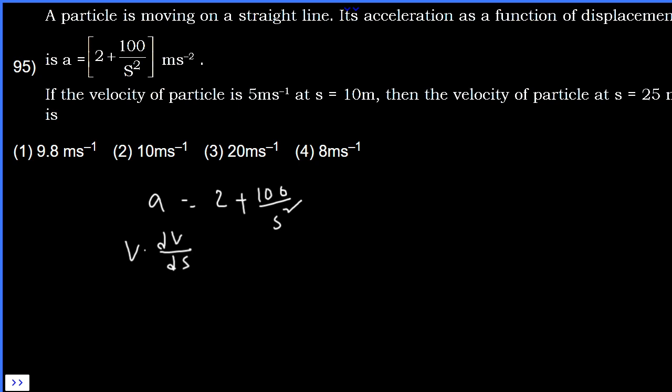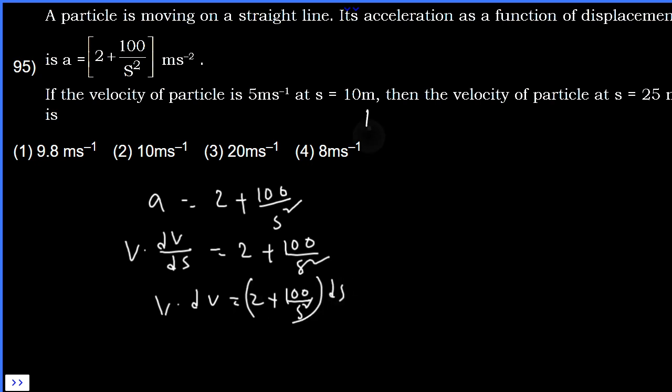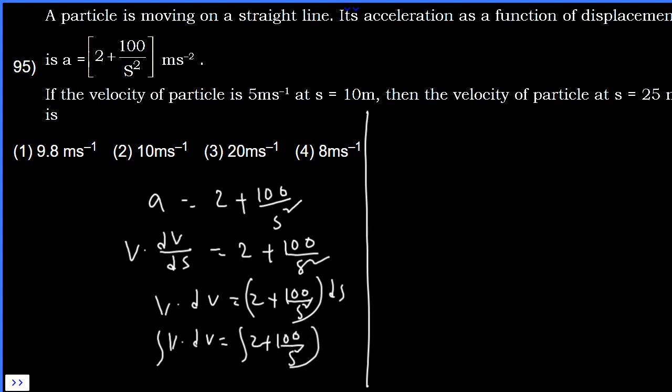On rearranging, v dv is equal to 2 plus 100 by s square into ds. Integrating on both sides, integral v dv is equal to integral of 2 plus 100 by s square into ds.